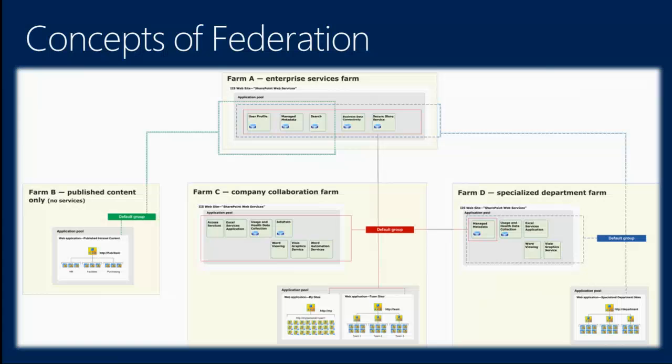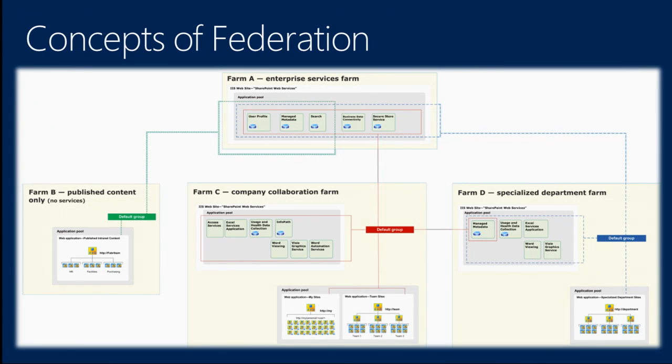All right, so here's our concepts of federation. Now, this holds true from 2010 and 2013. So we have a number of services that can be federated. Here's a pretty good list of them up here. You have user profile, managed metadata, search, BCS, secure store, and machine translation isn't on there.